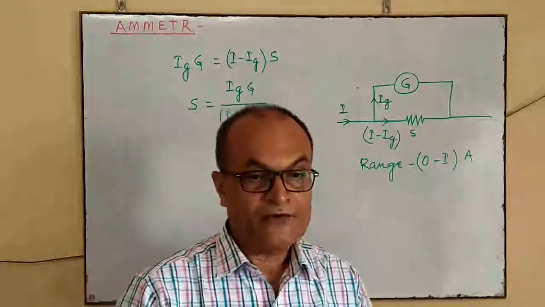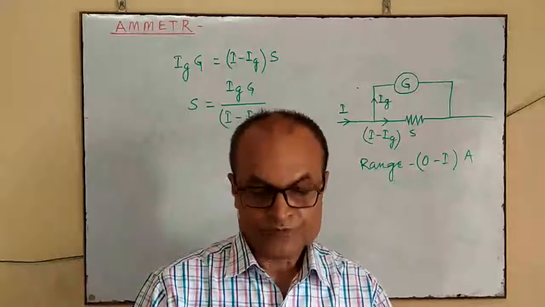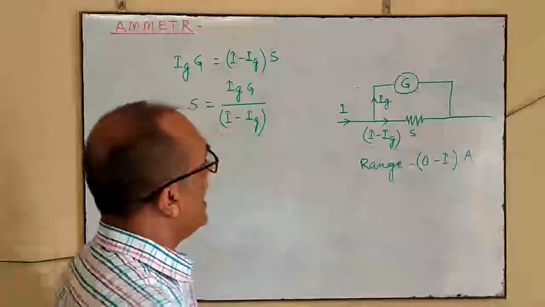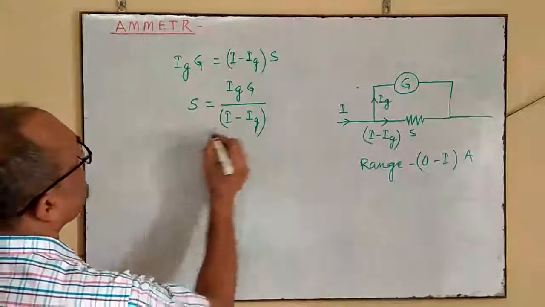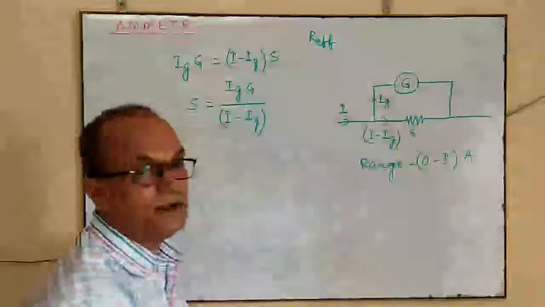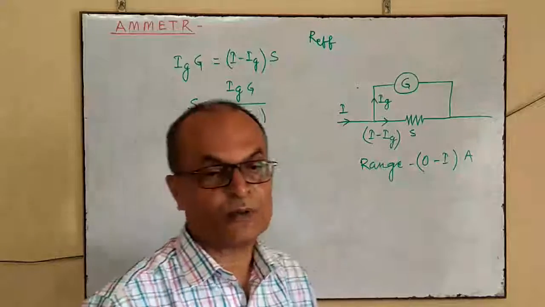Now, effective resistance of an ammeter. Here R effective is the effective resistance of the galvanometer.